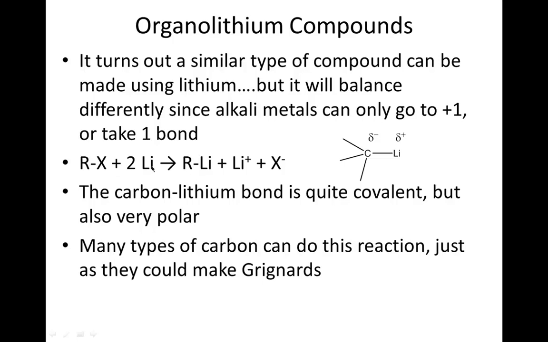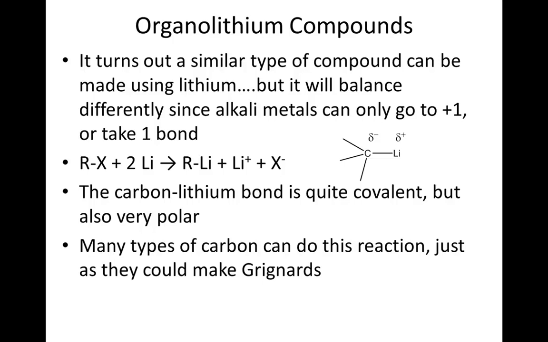The other lithium is also going to get oxidized, and it will become a cation for the anion that you're going to lose out of here. So the lithiums are both getting oxidized to officially +1, and the carbon is getting reduced. Now this kind of bond is very polar. It's also still covalent, and these kinds of compounds can work exactly the same as the Grignard.